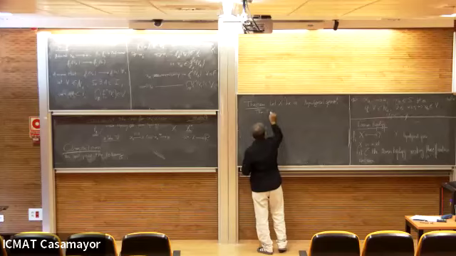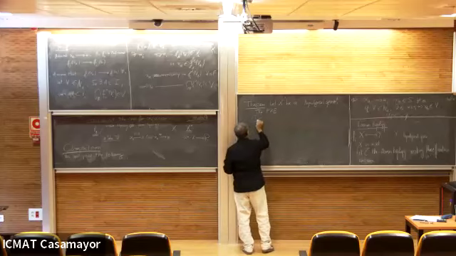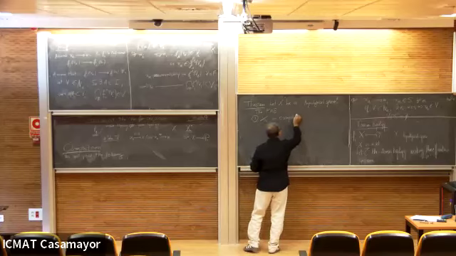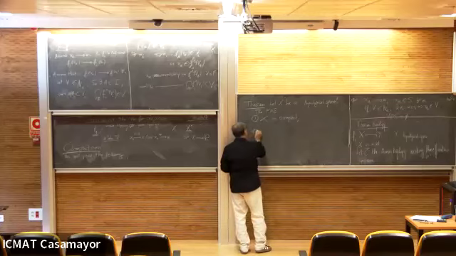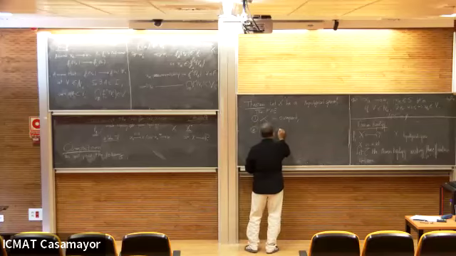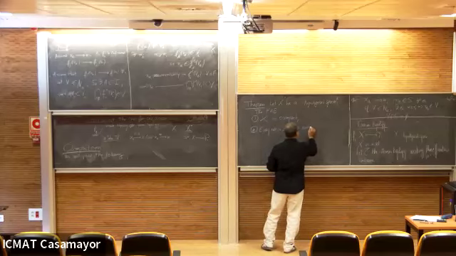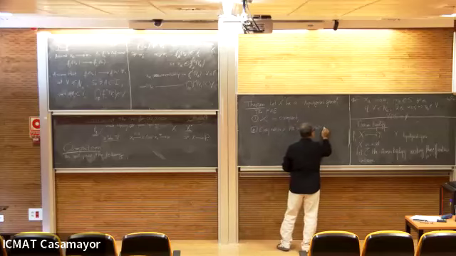The following are equivalent. X is compact. Every net in X has a convergent subnet.